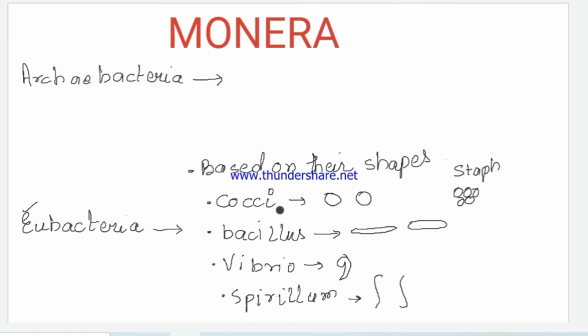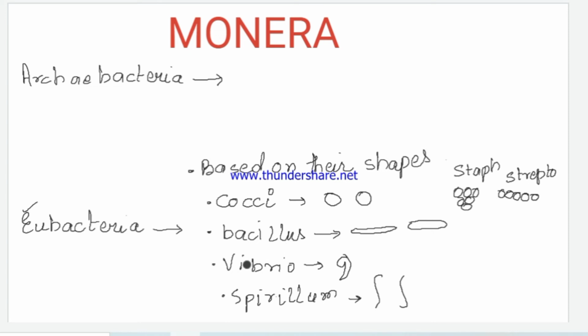So, Staphylococcus means coccus bacteria existing or appearing in bunches. And when I say they are present in chains, that is your strepto. So, streptobacillus means the bacillus which are appearing in chains, existing in chain form. And Staphylococcus means the bacteria which exist in bunches.